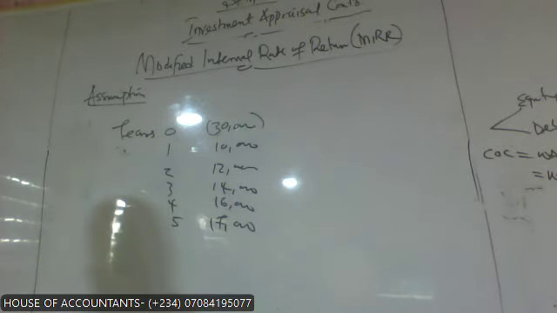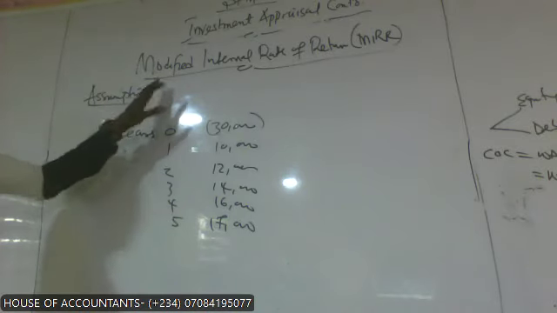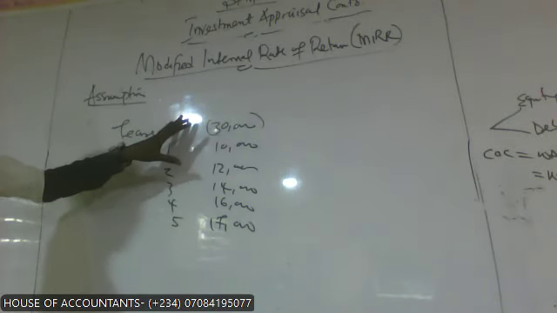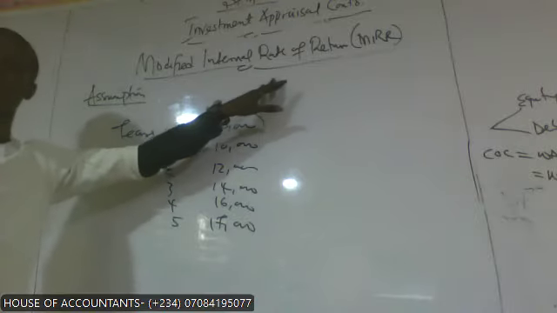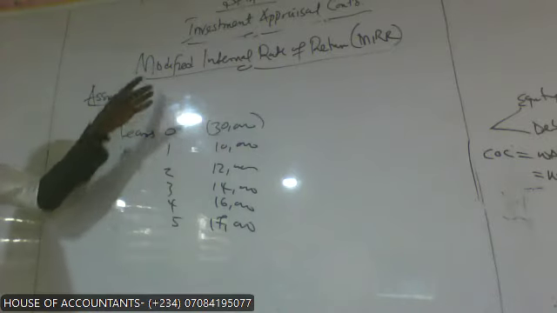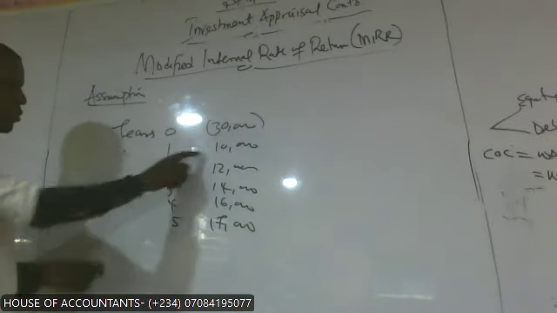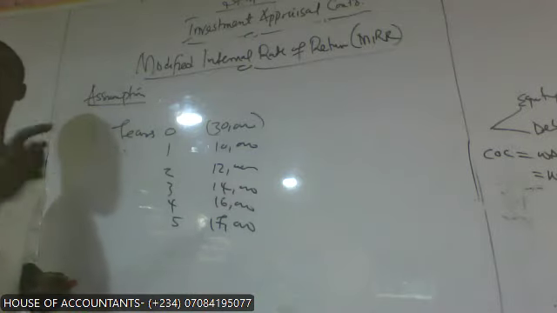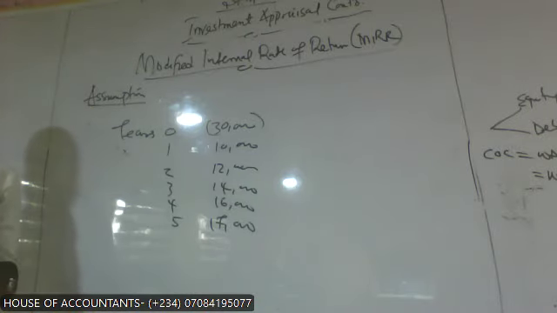Now, that is the assumption that internal rate of return fails to incorporate. But we now have the modified internal rate of return, where all these returns are reinvested at the cost of capital, so that we can know the total returns from that project.